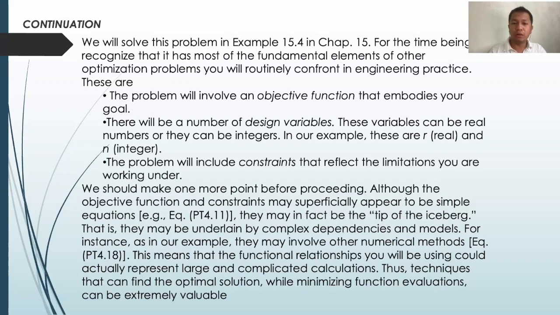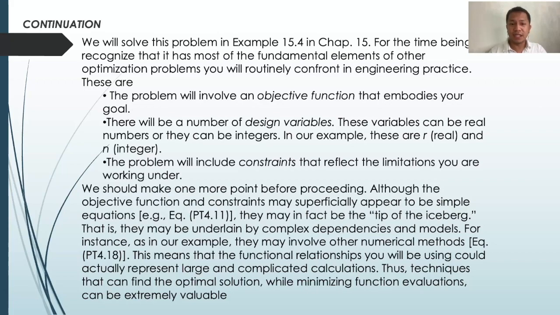So we should make one more point before proceeding. Although the objective function and constraints may superficially appear to be simple based on the equation, they may in fact be the tip of the iceberg. That is, there may be underlying complex dependencies and models.